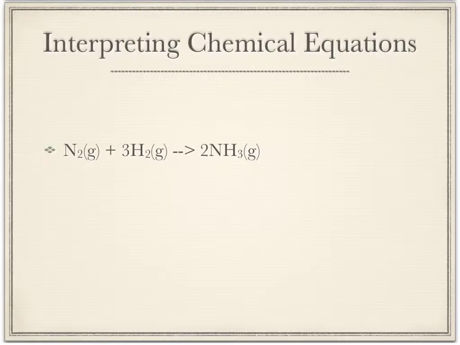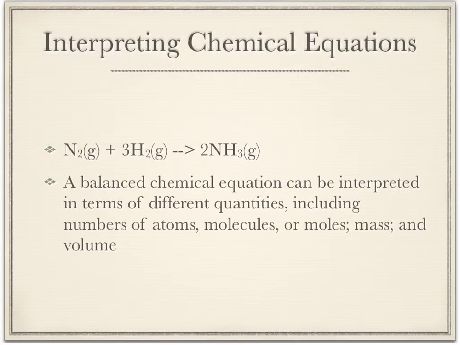For example, let's take a look at this equation. This is pretty common, and we'll use this one quite a bit. We've got nitrogen gas, N2, plus hydrogen, 3H2, yields 2NH3, that's ammonia. We can look at this in terms of a lot of different quantities.